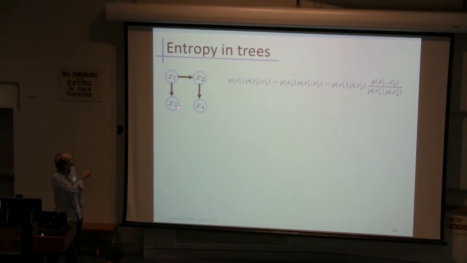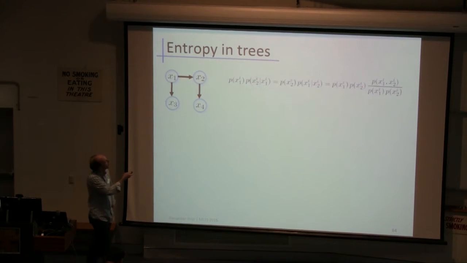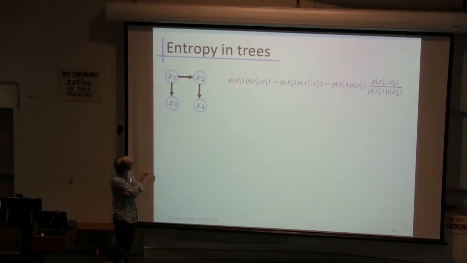So if we have a tree-structured distribution, then our probability decomposes. Here I'm writing a Bayesian network, so I have P of x1, P of x2 given x1, and so on. And so we can reframe that, using this conditional expansion, 1 and then 2 given 1, I can rewrite 2 given 1 as the joint divided by P of x1.